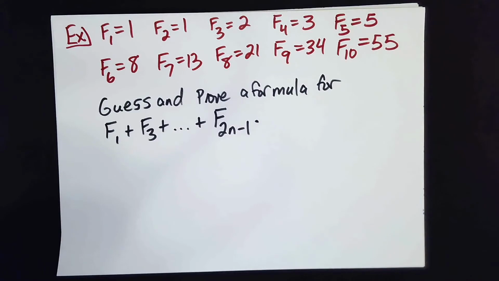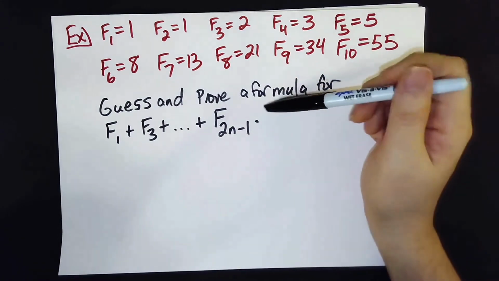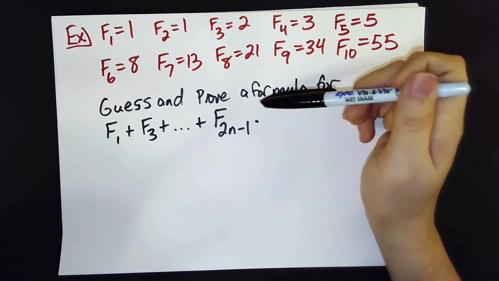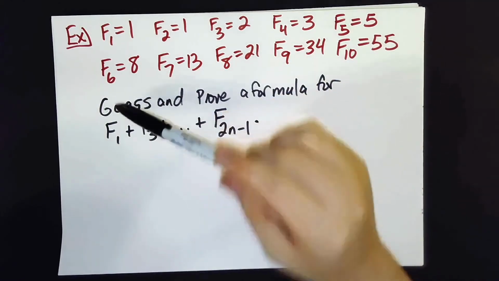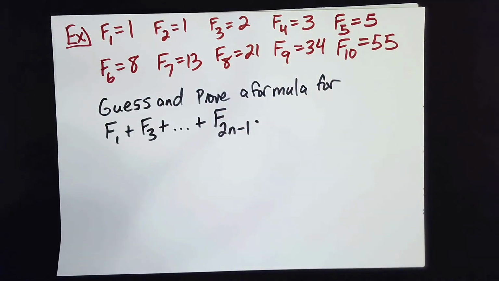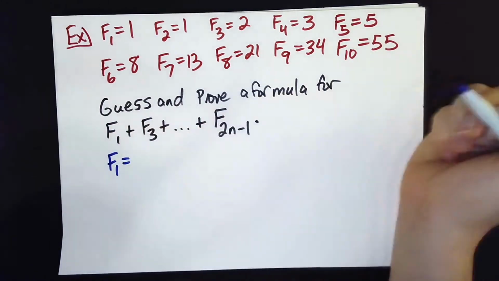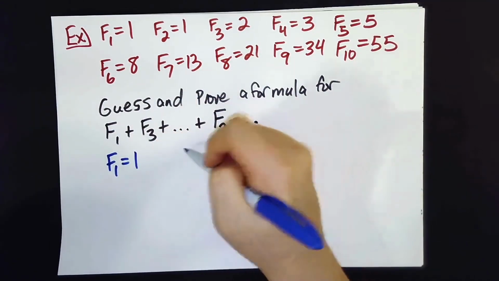This is a style of induction question you'll often see, and I think these are the most fun types. They'll give you something, and then they'll say, guess and prove a formula for it. So, how do you guess the formula? Well, in order to guess the formula, you have to write down enough data to figure out what the formula probably is. So, if I write down f1, well, that's just 1.